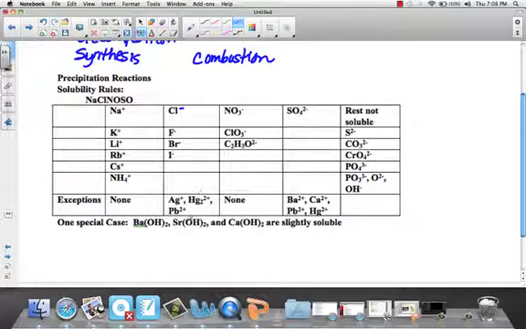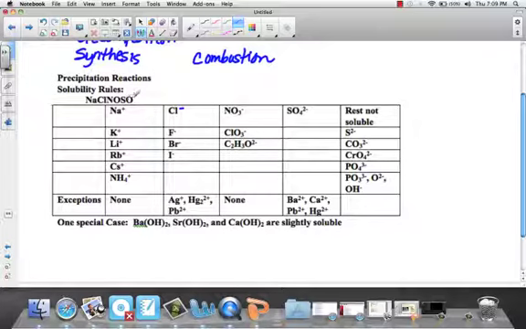They're all soluble with the exception of silver, lead, and mercury. Then we get to the NOs, which are your nitrates, but it also includes your chlorates and acetates. So nitrate, chlorate, and acetate are all soluble with no exceptions.